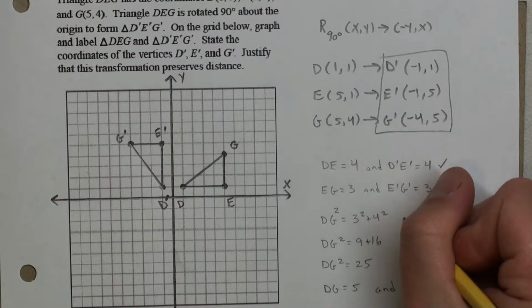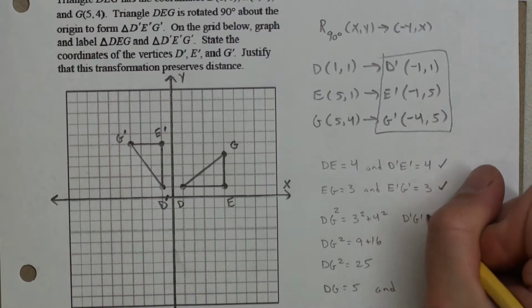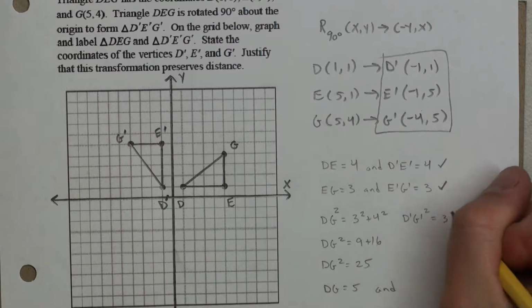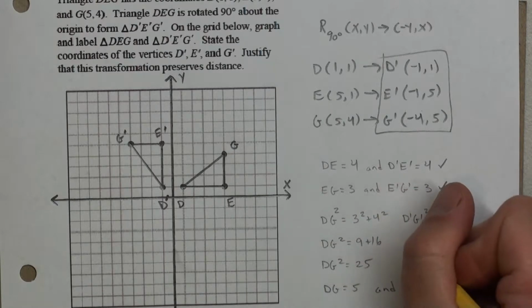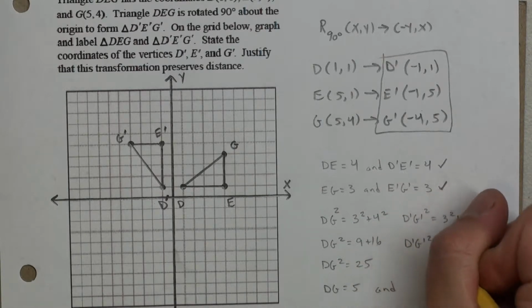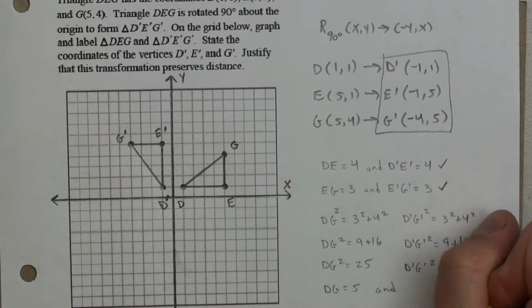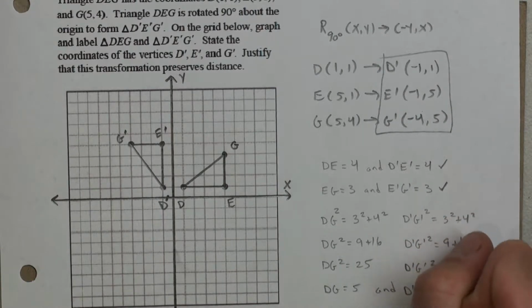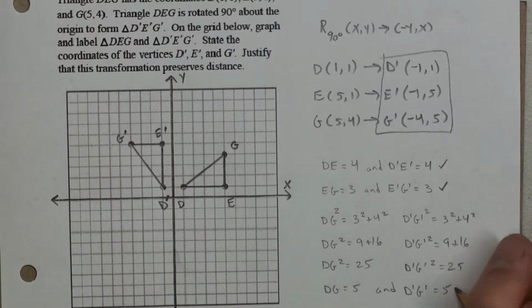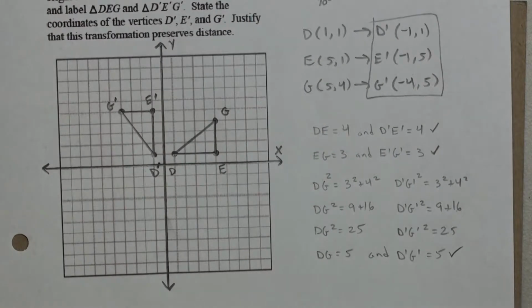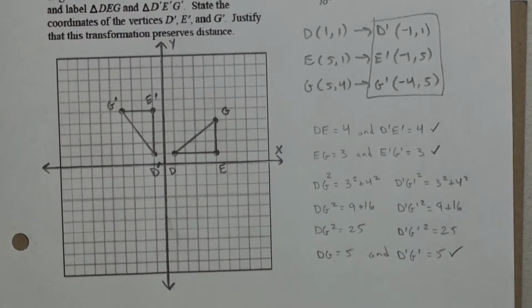And we can do the same thing for D prime, G prime squared. That equals 3 squared plus 4 squared. So D prime, G prime squared equals 9 plus 16, which equals 25. D prime, G prime then equals 5. So that justified it. I had to show that all the lengths of the pre-image and the image sides are the same.